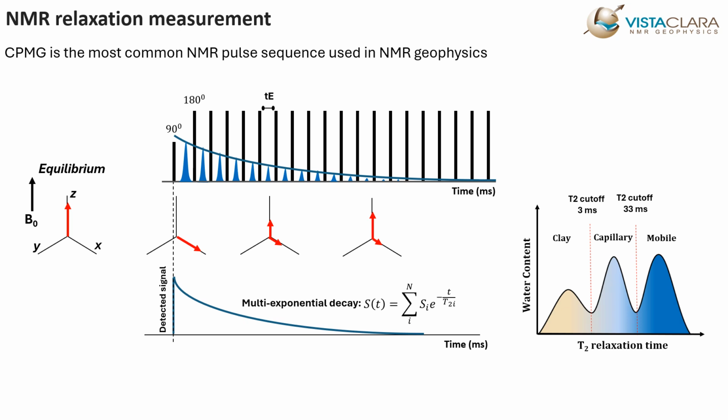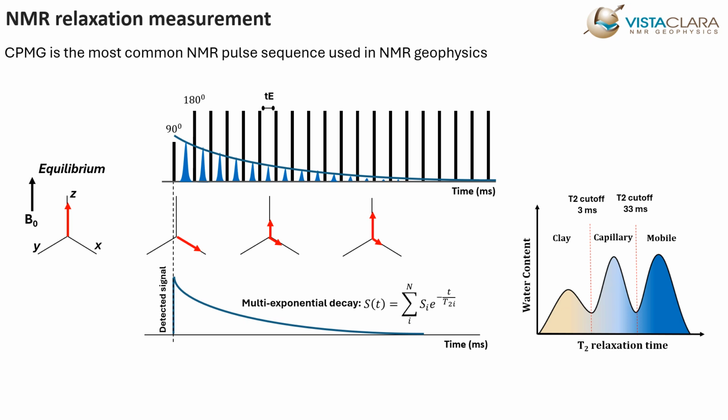In the end, we have the NMR signal as a function of time, and this signal will have a multi-exponential decay because we don't have uniform pores in the formation. We can fit the signal decay to a multi-exponential function in order to estimate the distribution of T2 relaxation times.